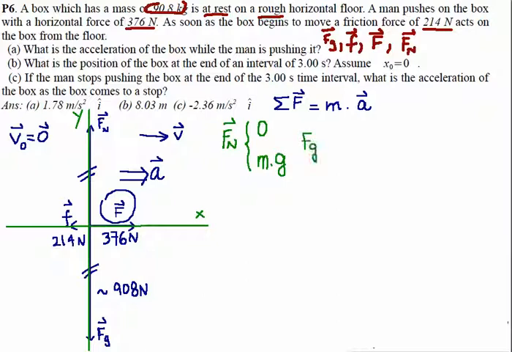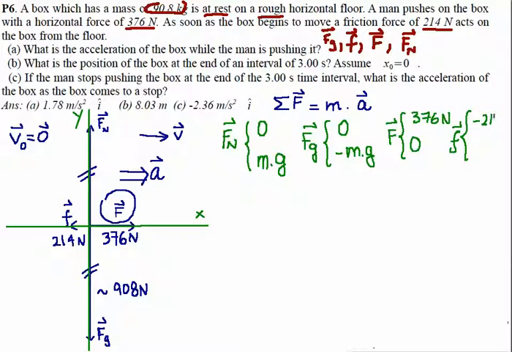Fg is 0 along the x-axis and negative m times g along the y-axis. F is 0 along the y-axis and 376 newtons along the x-axis. Finally, friction is negative 214 newtons and 0.